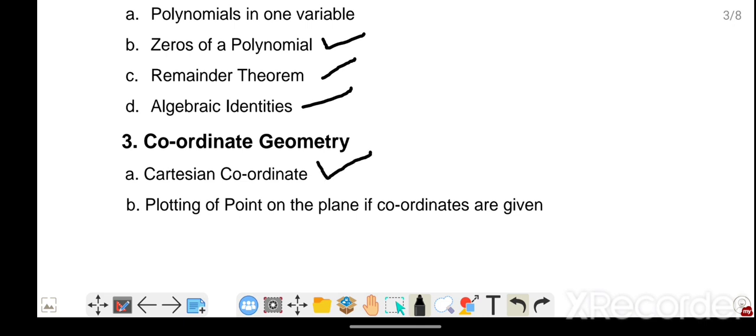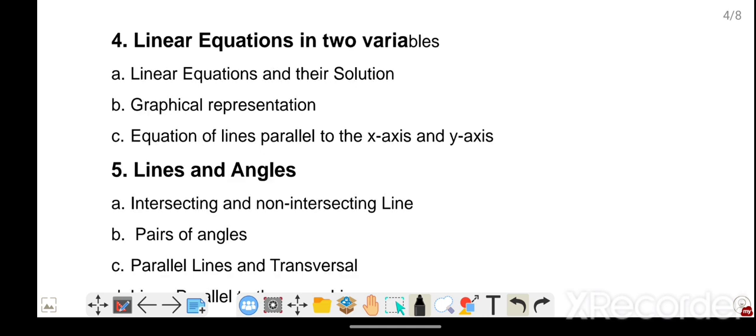Cartesian coordinate, plotting of points on the plane if coordinates are given. Next chapter is linear equations in two variables, linear equation and their solution, graphical representation, equations of line parallel to the x-axis and y-axis.